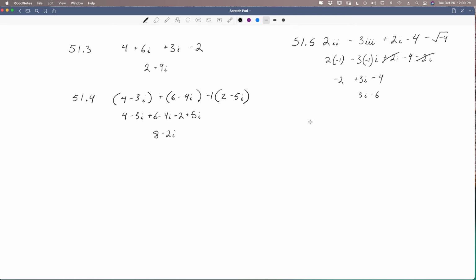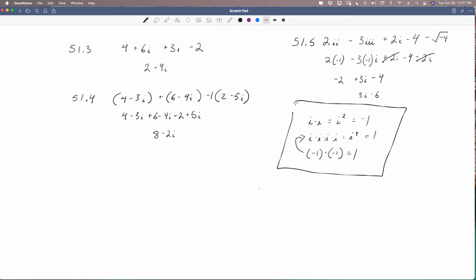So if we have i times i, or that would be i squared, that would equal -1. But if we have i times i times i times i, that would equal i to the fourth, that would equal a positive 1, because that would be negative 1 times negative 1, which would be positive 1. How about that? And that leads us, you might want to put that in your notes. That would be important to remember.